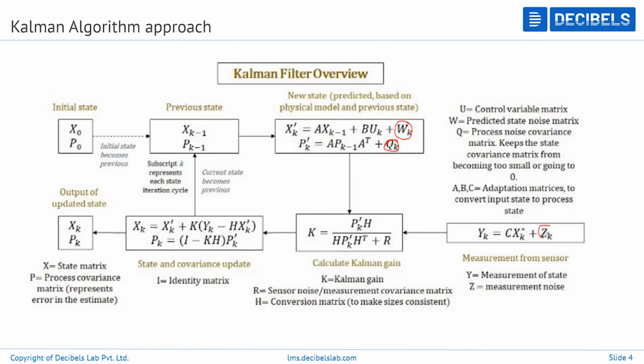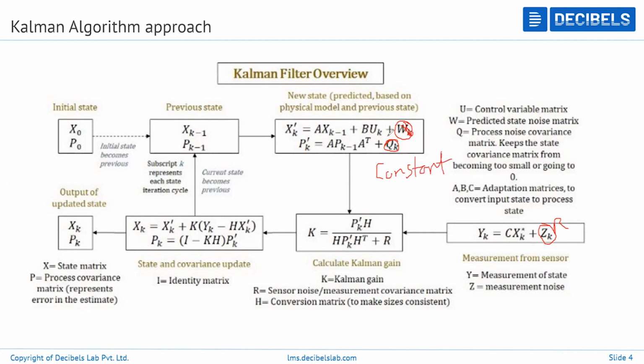You can take them as Q and R, the process noise and the measurement noise. We didn't talk much about these. In the extended Kalman filter, these noise values are constant.